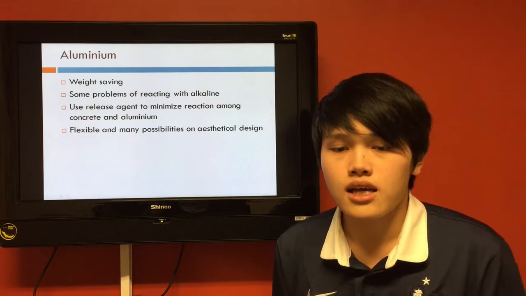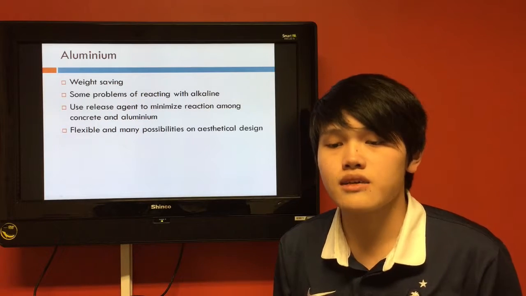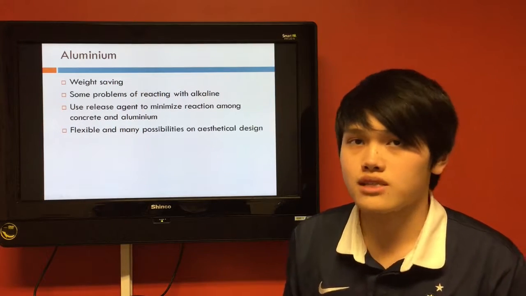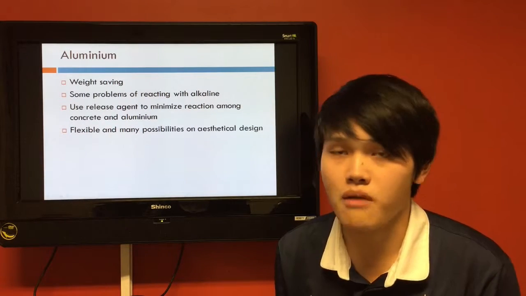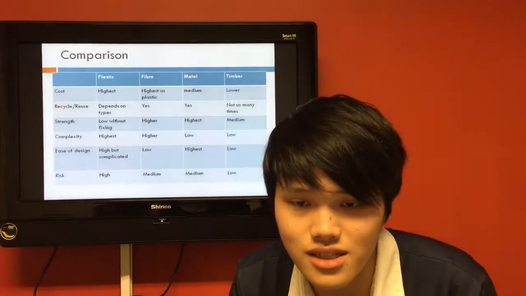The best part of aluminium is that it is flexible and offers many possibilities in design. So we can make some curve, some arc, or any shape you can imagine.